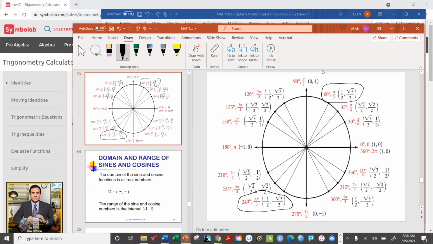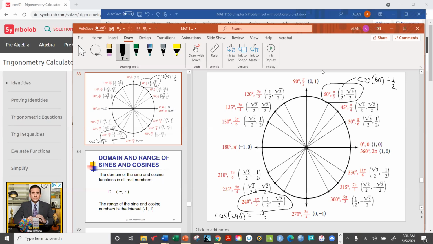So in other words, if this is a half, the cosine of 60 is a half. Because 240 and 60 are reference angles of each other, that implies that the cosine of 240 must be negative a half because that angle is in the third quadrant where both x and y are negative.